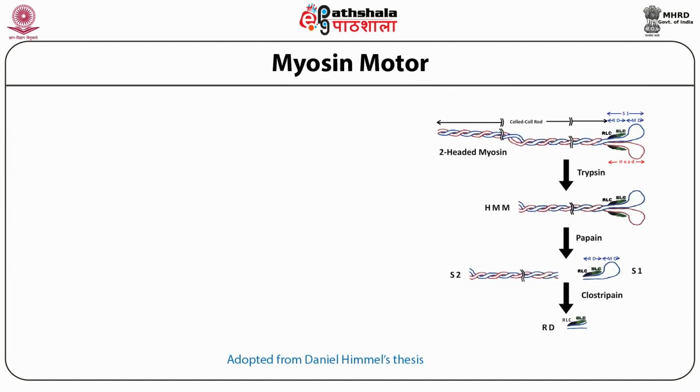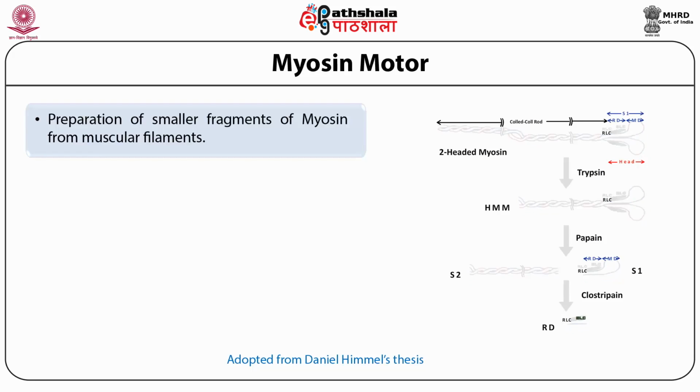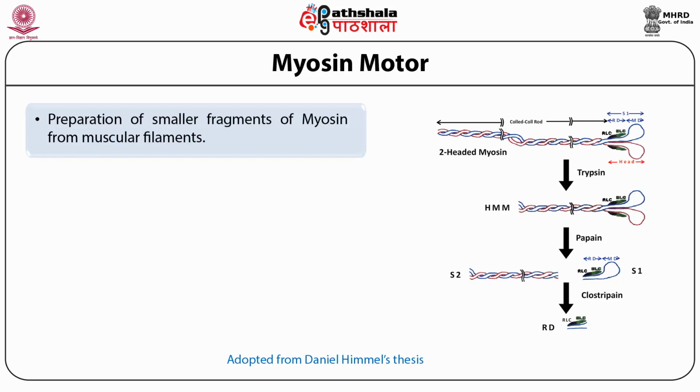To study the structure of the myosin motor, there are several ways of preparing it. In the conventional way, the myosin filaments are taken and proteolyzed with different proteases to prepare subfragment 1 or the motor domain. The large myosin filaments, called two-headed myosin, are digested with trypsin, which leads to soluble heavy meromyosin.